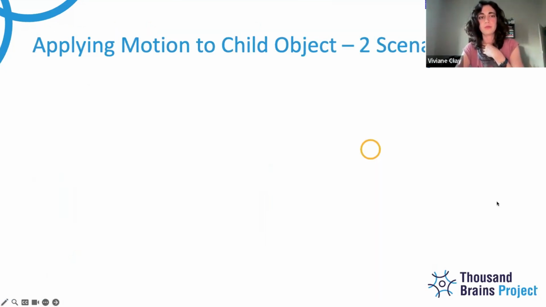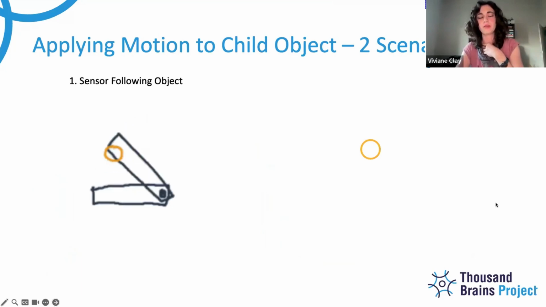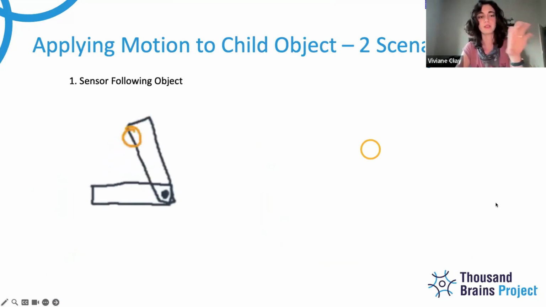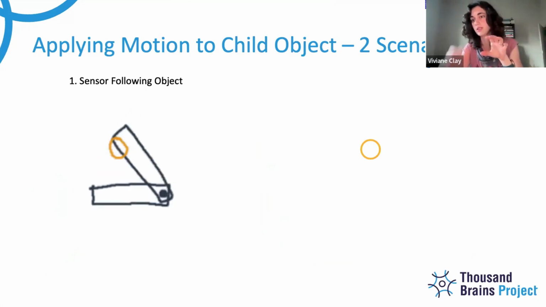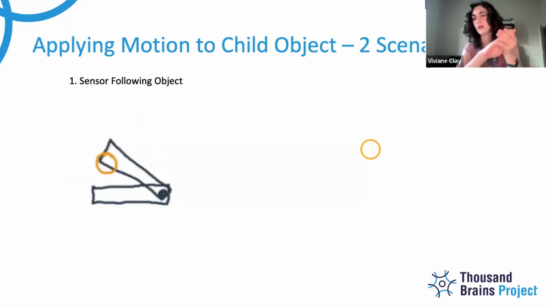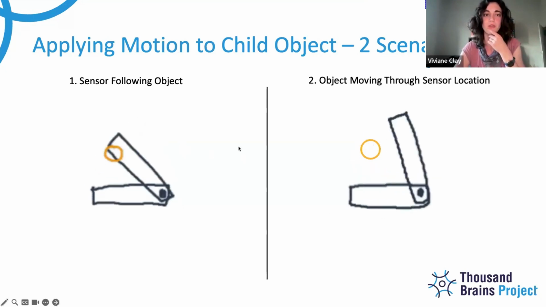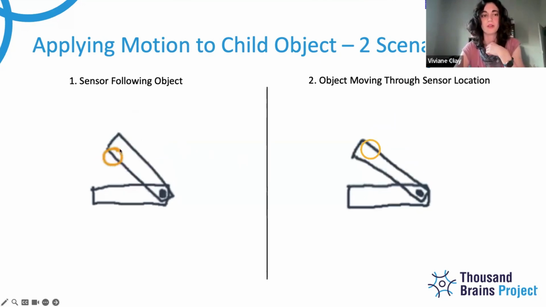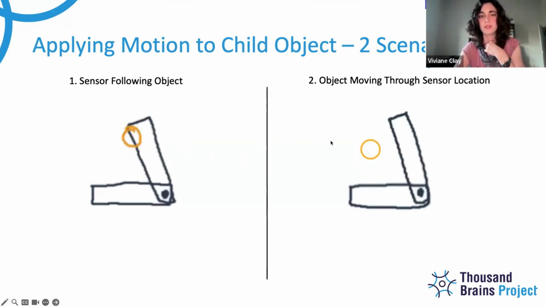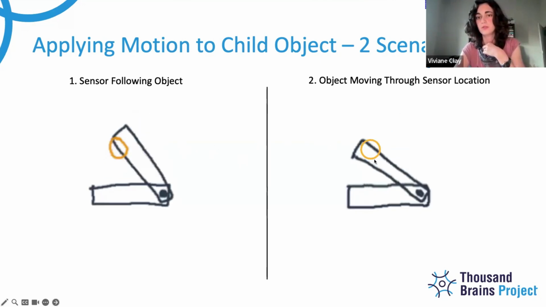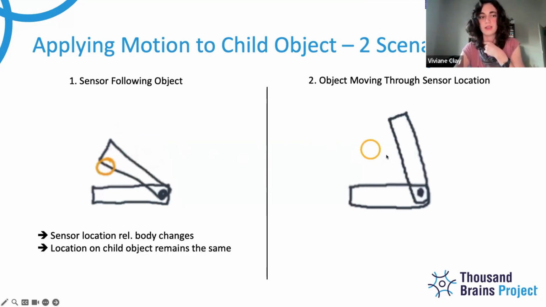And then to apply that motion, no matter whether we get it from having body-centric location information communicated or from the optic flow information, we basically have two scenarios. One is the sensor is following the object, and the other one is the object is moving through the sensor's location, so the sensor is static.